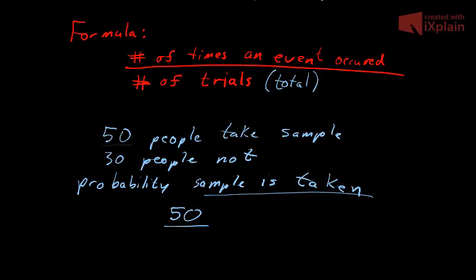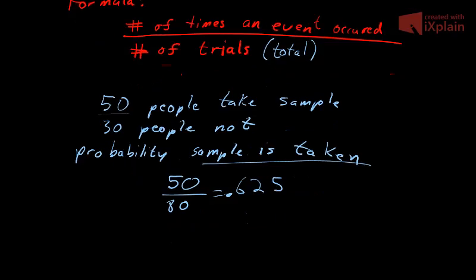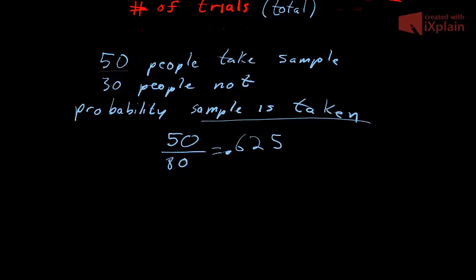So 50 plus 30 here would be 80. And 50 out of 80 is going to be 0.625. So 62% of the time, we are successfully getting people to take these samples and giving them free food and happiness and joy.